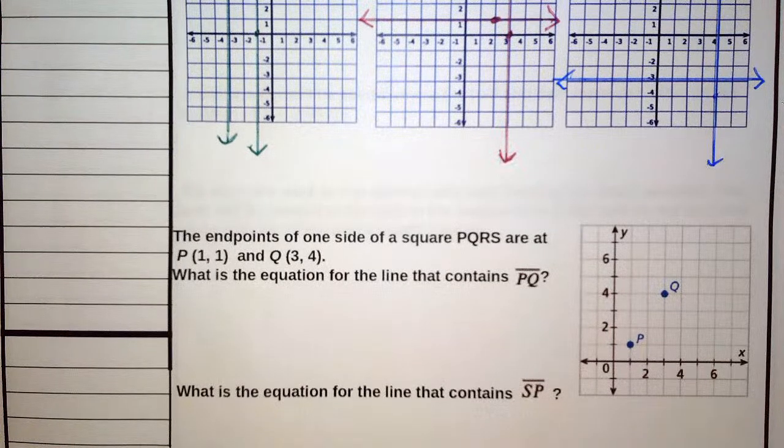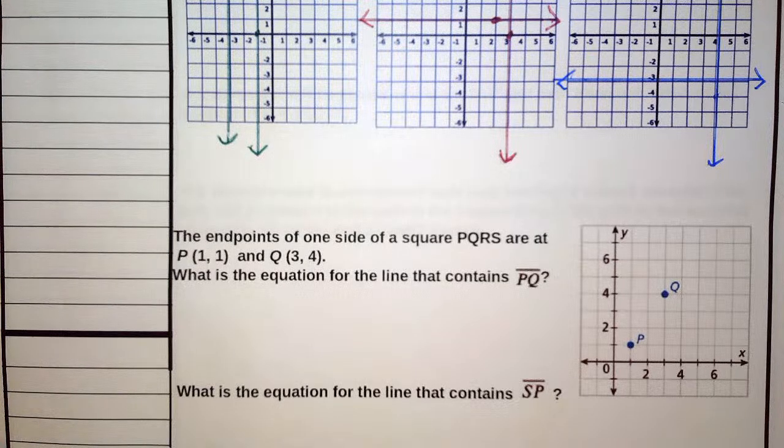Okay, how do we write those equations? Well, the endpoints of one side of a square, P, Q, R, S, are P is (1, 1) and Q is (3, 4). What is the equation that contains the line segment PQ?